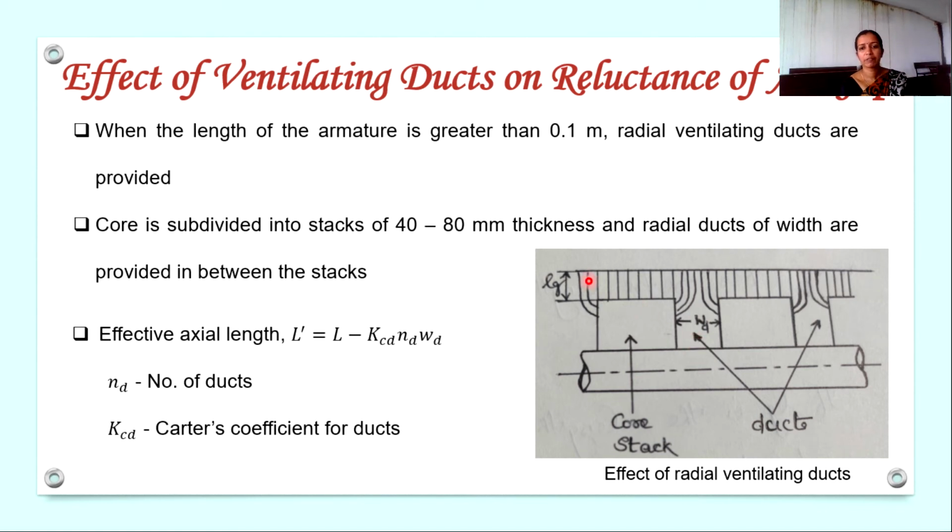Okay, so flux will fringe around the stack of lamination and it will penetrate down to the radial ventilating duct. So we know the measurements of stack and radial ventilating ducts, etc. So എങ്ങനെയായിരുന്നു? We'll divide the core into stacks of about 40 to 80 mm thickness and radial ventilating ducts of 10 mm width are provided in between.